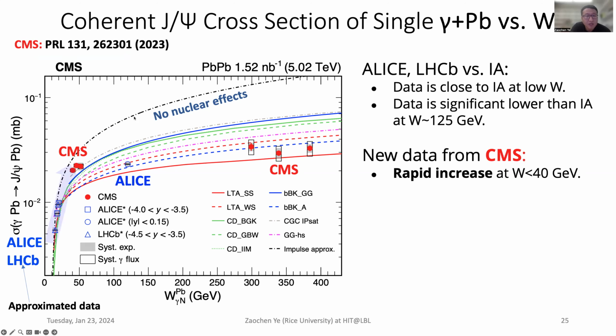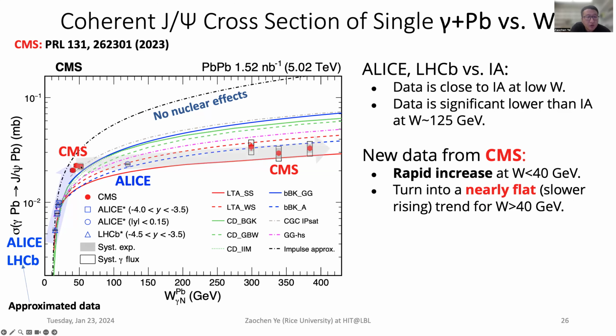And if we put on the CMS new data, which is after disentangling the two-way ambiguity, we can see that at the low W region, CMS data continues the trend of the existing data, showing a rapid increase at W lower than 40 GeV. And then when it goes above 40 GeV, the data shows a much slower, nearly flat trend, even towards 400 GeV.